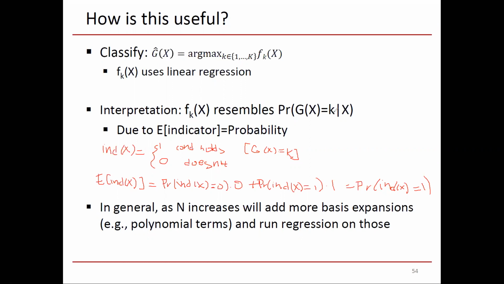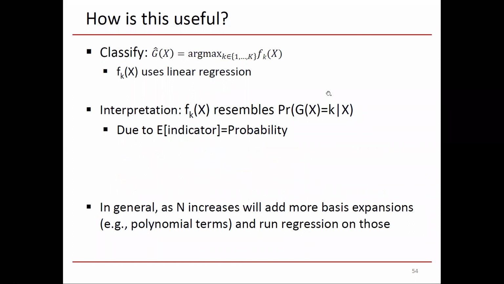Of course, for typical real-world problems, it'll be unrealistic to create excellent probabilities, but maybe through this type of training we can do something reasonable. Another comment is that as the dimensionality increases, we may want to add a lot of basis expansions, for example polynomial terms, and basically run regression on all of these.